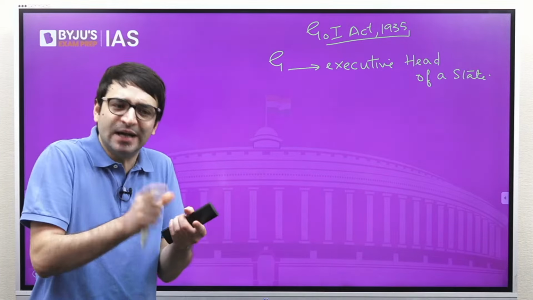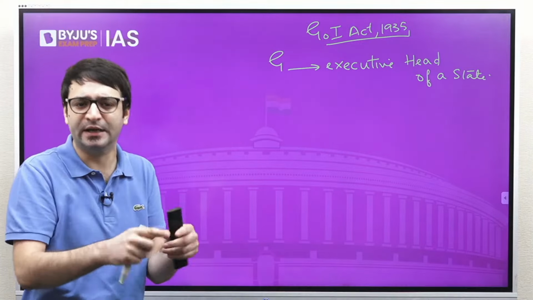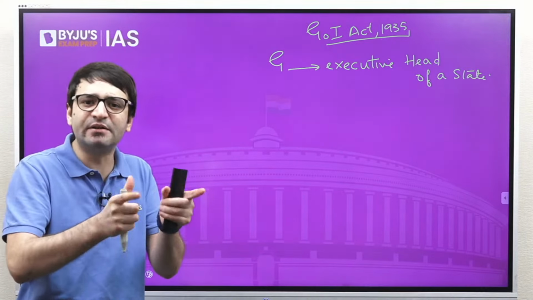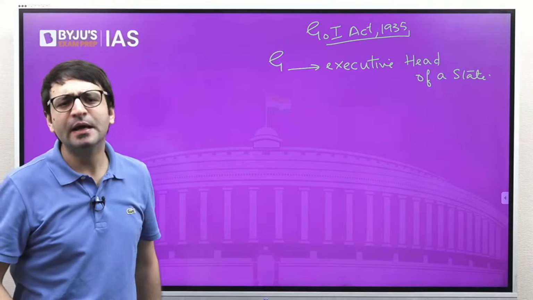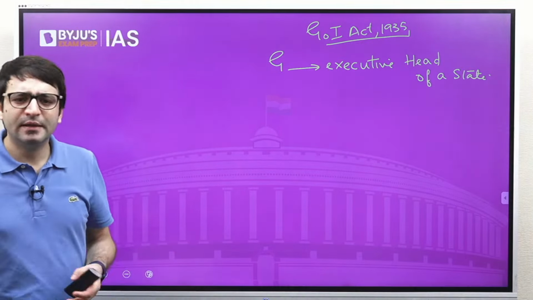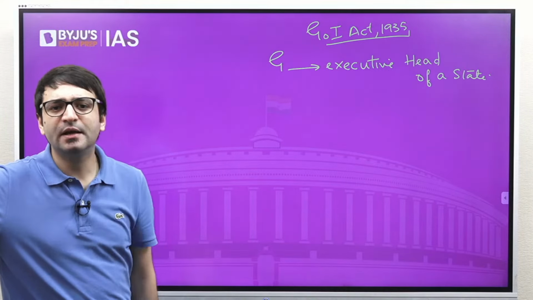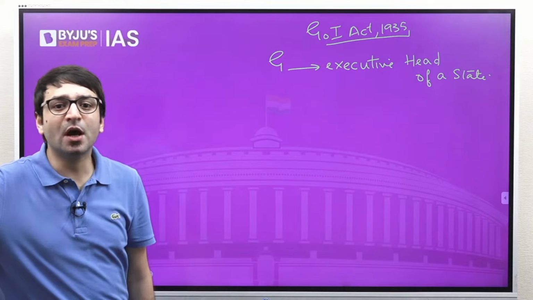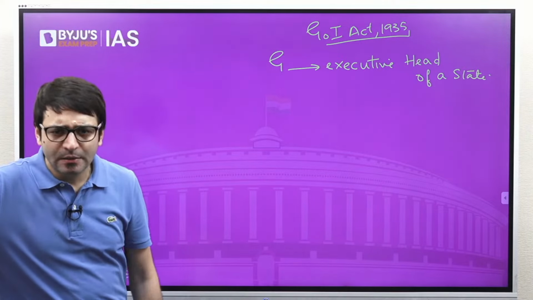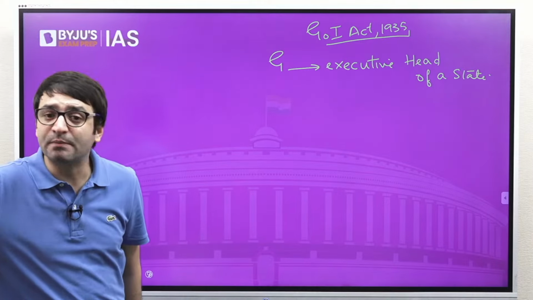We need a central figure in a state who can keep the state within the Union of India. So some element of centralization of power is necessary. But governors have been creating lots of controversies as well. That is why some individuals, some experts, some states say the office of governor should be abolished. Whether it should be abolished or not is the subject matter of our mains examination.